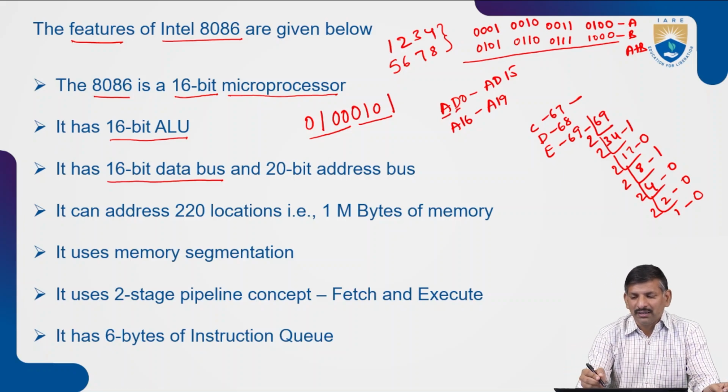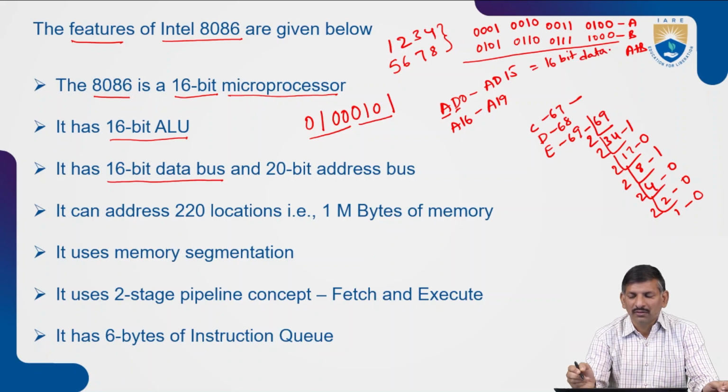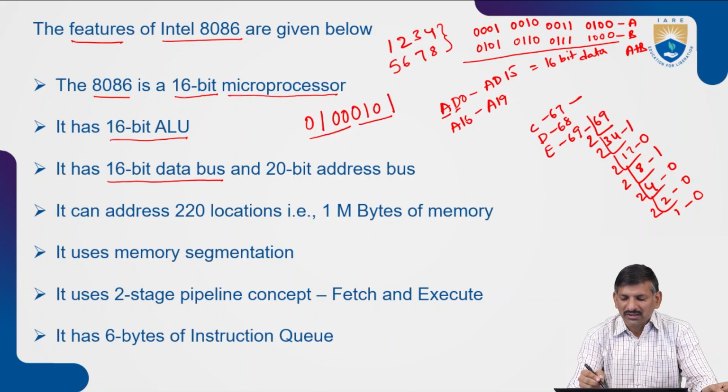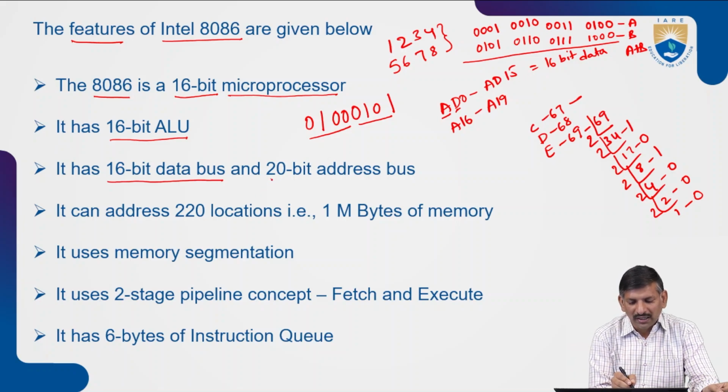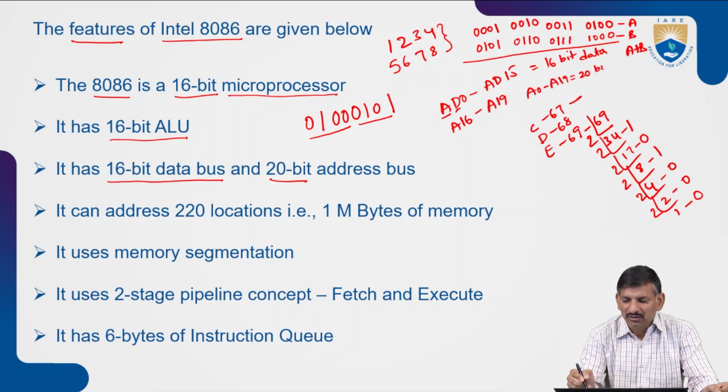In one clock cycle, it fetches the data, D0 to D15, totally 16-bit data. In another clock cycle, it will fetch the 20-bit address, A0 to A19, totally 20-bit address information.